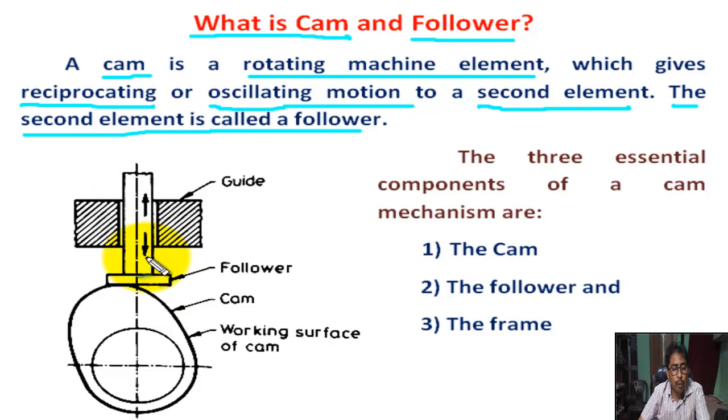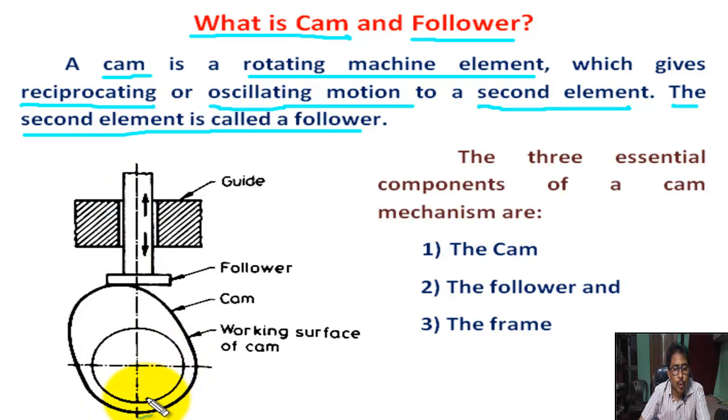This is the follower attached with the cam profile. This is the cam profile, and the follower reciprocates within the guide, within the frame. The driver member is known as cam, and the driven member is called follower.